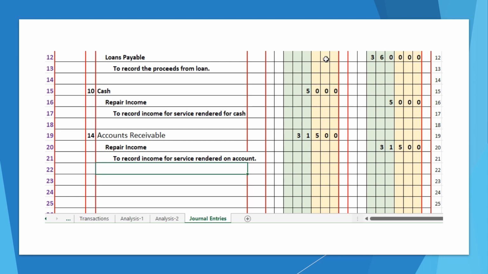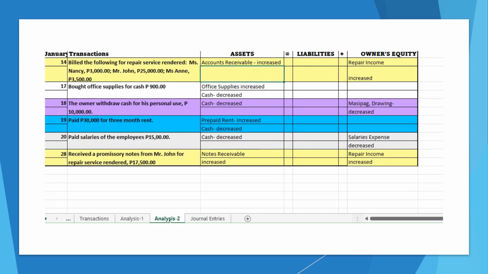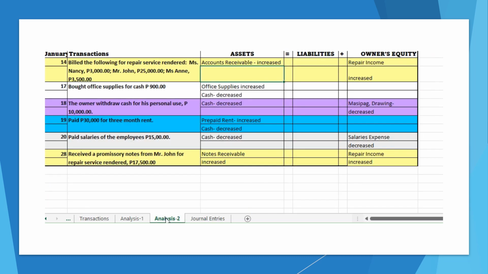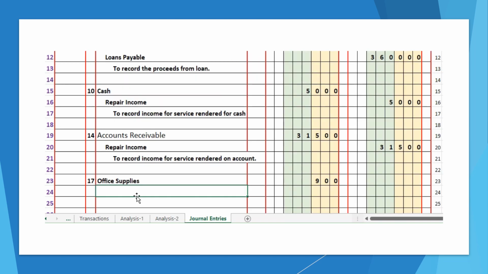Next. Office supplies. Okay. 17. Bought office supplies, 900. Okay. So, this is 17. We're going to debit office supplies. How much? Yes, 900. Okay. And then, it says that it was paid. So, word paid, therefore, cash is credited.